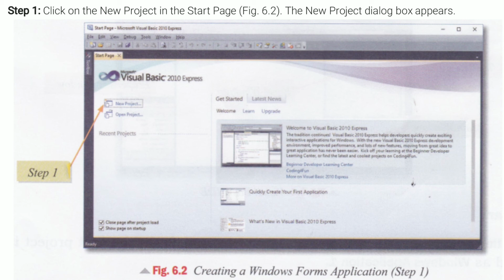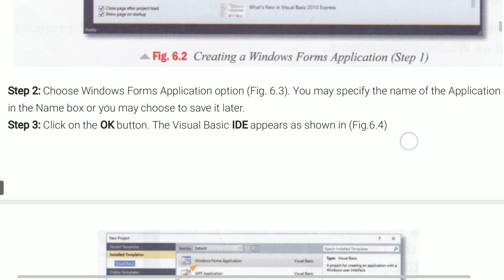For creating a new project, in this start page, you will click on the New Project button as indicated by step 1 in the figure. As we click on this New Project button, the New Project dialog box appears in the next figure.